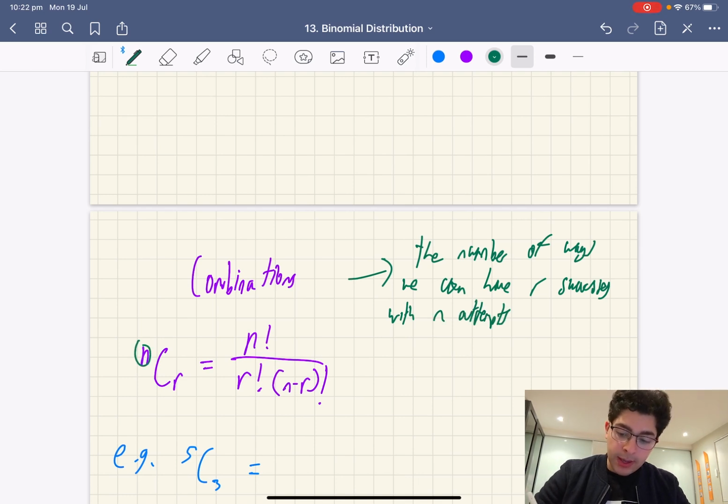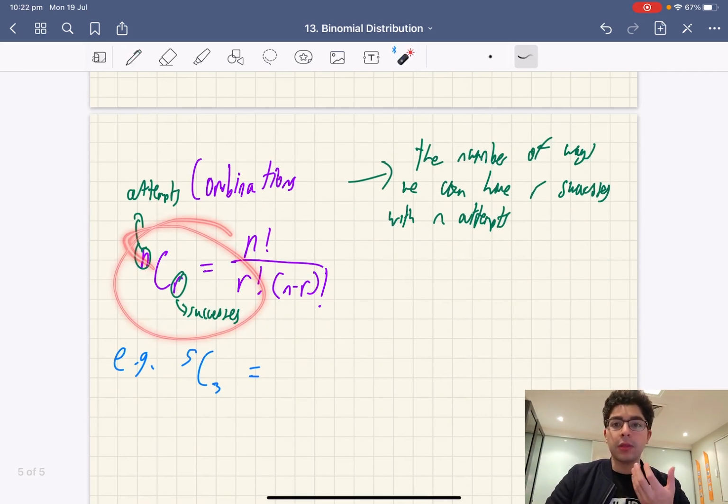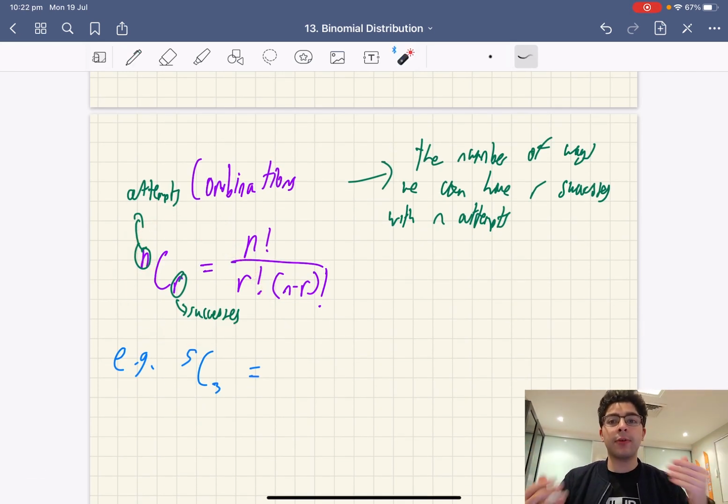So I'll reiterate, n is the number of attempts, r is the number of successes. And this is basically going to give us the amount of different ways we can have that specific outcome of having 3 successes in 5 attempts.